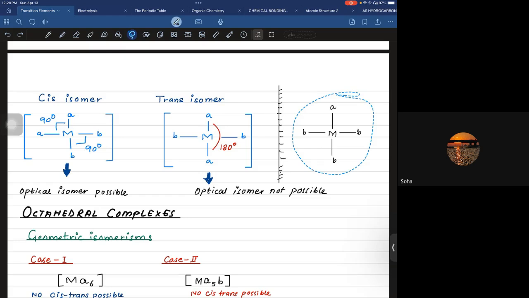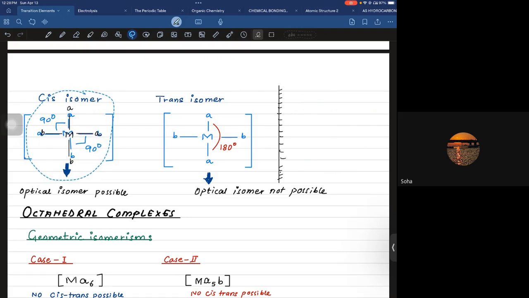Okay. So let's suppose I'm going to make the mirror image of this. Left becomes right and right becomes left. So this is the mirror image. I'm going to superimpose it.